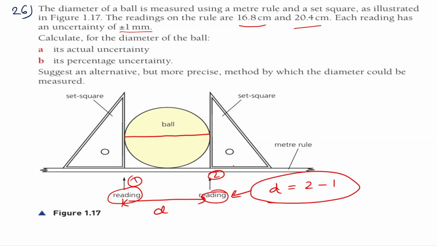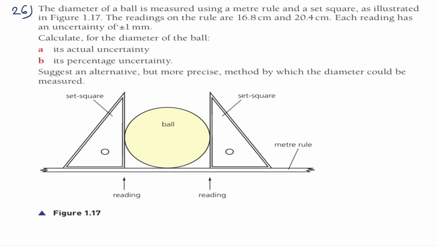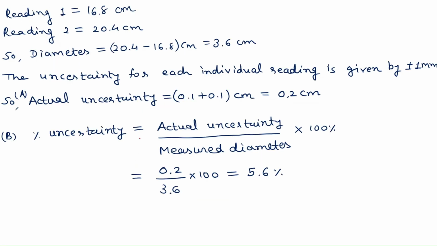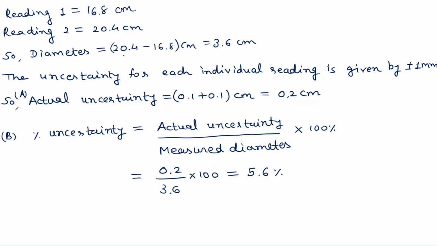Very simple. Now, in the solution, reading 1 is 16.8 centimeter, which is about here, and reading 2 is 20.4 centimeter, about here. For the calculated diameter, you just subtract and you get the actual diameter.